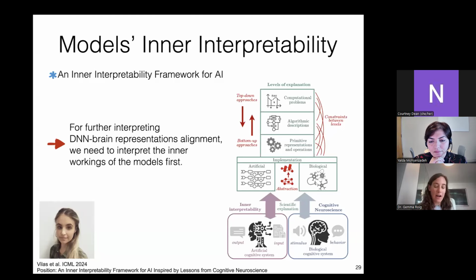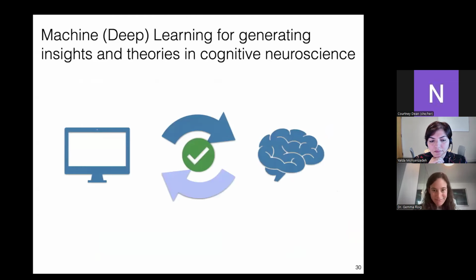We also have a position paper on what the challenges and implications of decisions are for interpreting the models and how we can use these interpretations.